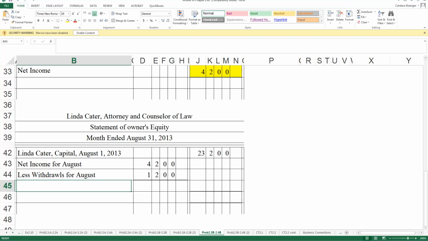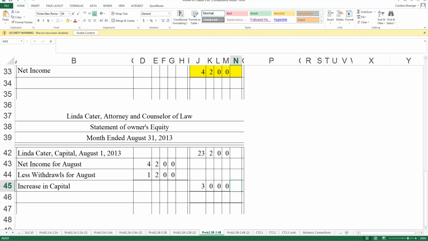Now, because they made more money than they took out, we increase the capital. And we increase the capital by $3,000 because we made $4,200.